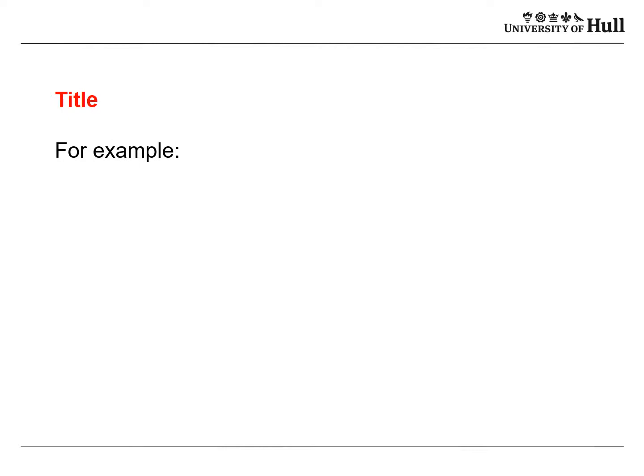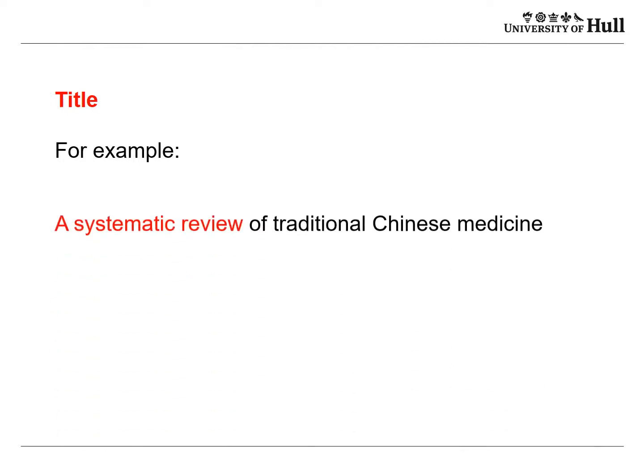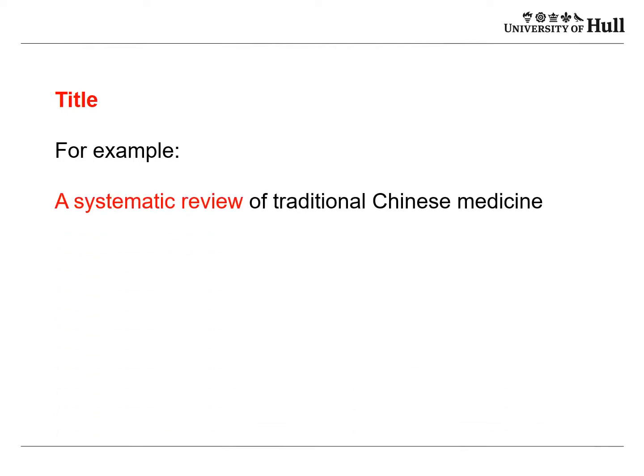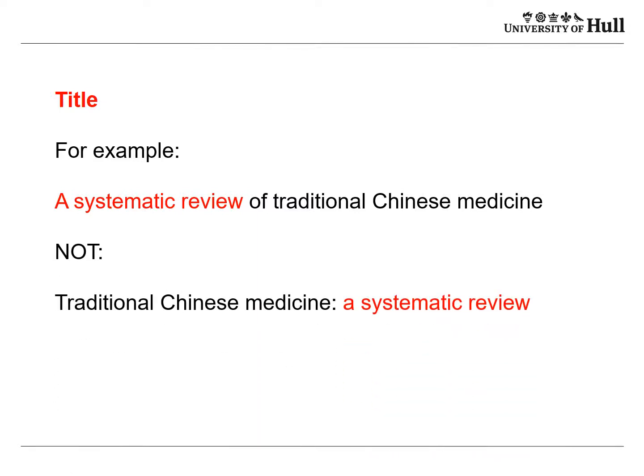For example, a systematic review of traditional Chinese medicine is considered to be better than traditional Chinese medicine, a systematic review. The important information there is the fact that this paper is a systematic review.